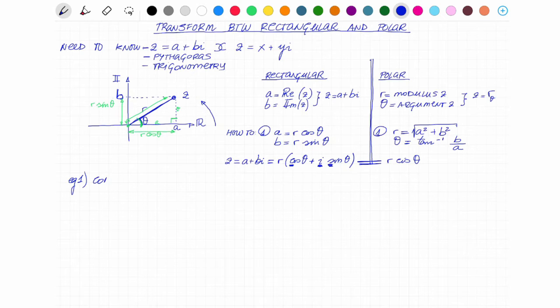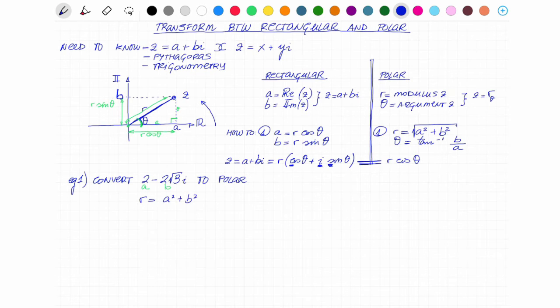Okay, let's see that in an example. First, they want me to convert one rectangular number into polar form. So from here, I simply need to identify the A and the B and use them in the conversions we know.